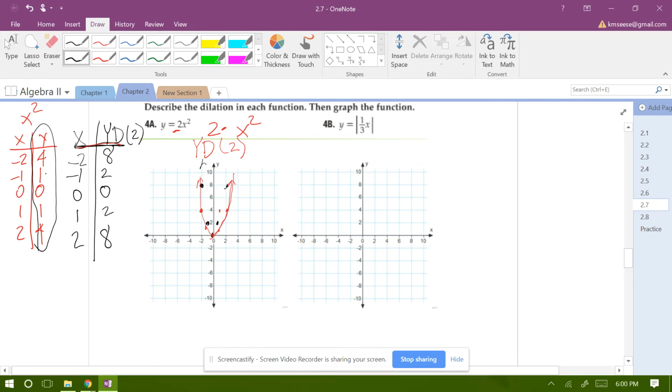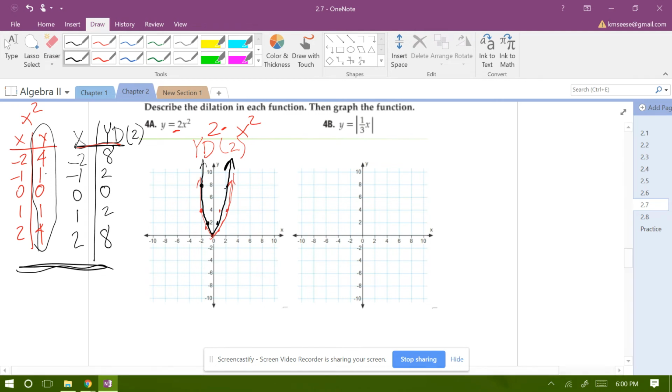You can kind of see this is a dilation. It's a stretch, but it actually made it thinner. Why does it make it thinner? Well, think about silly putty. If you have silly putty in your hand and you stretch it vertically, what happens? It actually gets thinner.